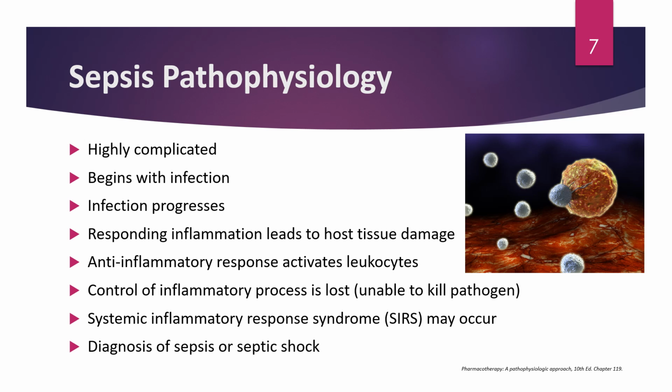What makes an infection eventually lead to sepsis, because not all infections will lead necessarily to sepsis, is that the infection progresses, and this can be due to a variety of different reasons.